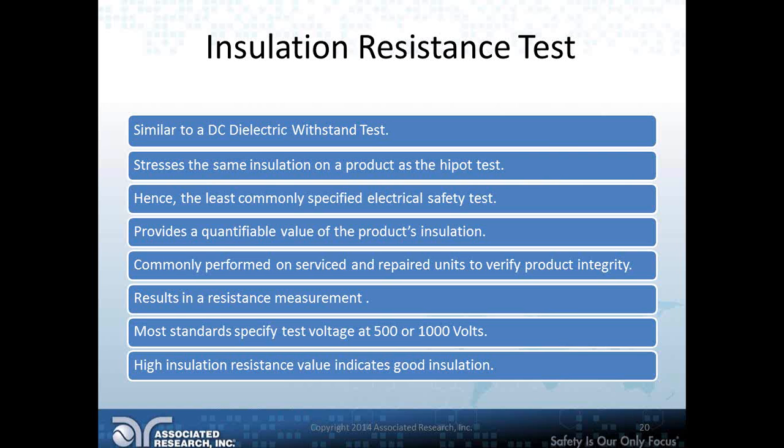The test is usually done on a product after it is manufactured, installed, or repaired, and it is also commonly performed as a routine maintenance test on products such as motors or generators, and can help to predict if the insulation is due to fail.